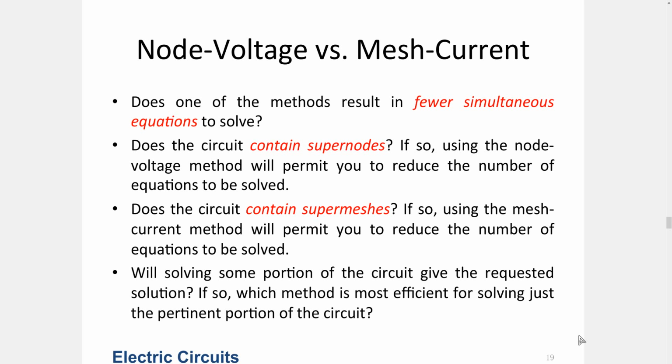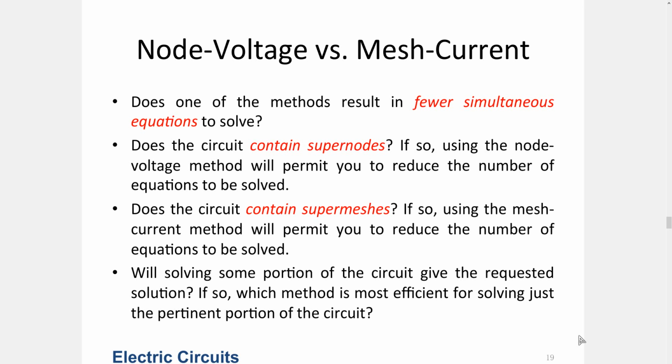So the important thing is which method to use. You take a look at the number of nodes, you take a look at the number of meshes, and then you can estimate how many equations you need to solve the circuit. Remember the numerical definitions at the beginning of the class. You can calculate how many equations you need, then decide which path is less painful.